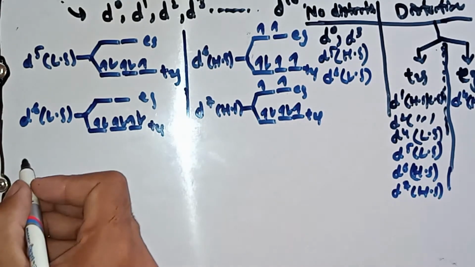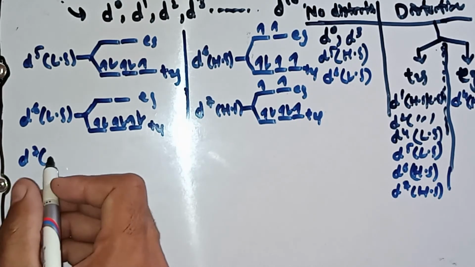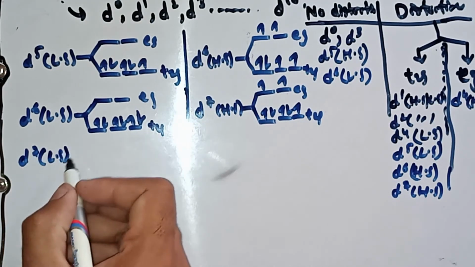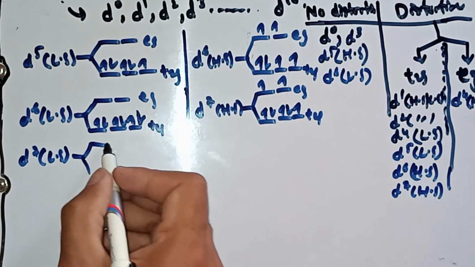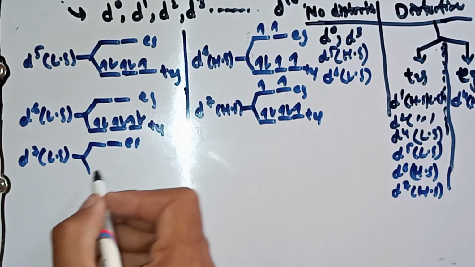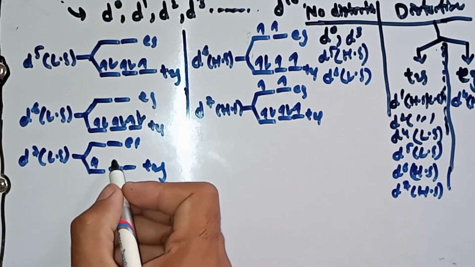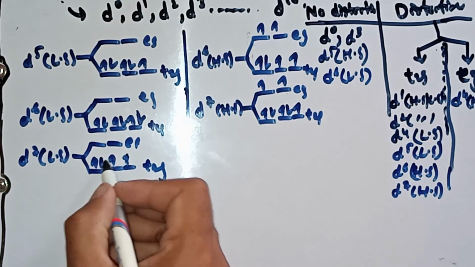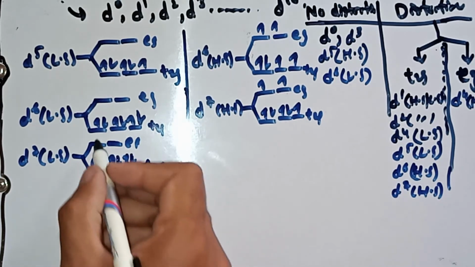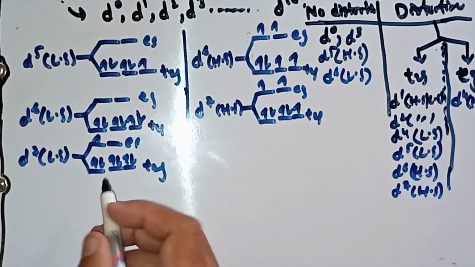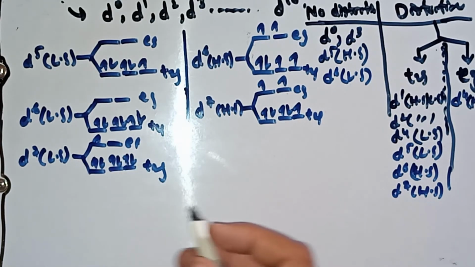But when D7 is in low spin complex, what will happen? D7 in low spin complex, that is Eg, that is T2g. So when the first electron, second electron go, it is against Hund's rule. So Eg will be asymmetrically filled with the 7 electrons.